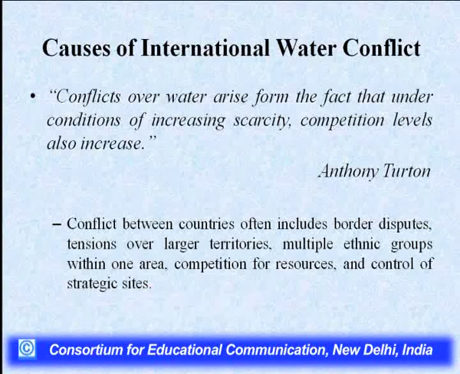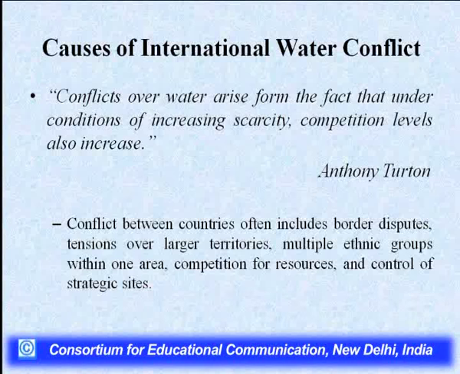So by seeing all this, we can see that there are various important causes of international water conflict. As Anthony Turton said, the increasing scarcity that leads to competition is the most important cause of international water conflict.